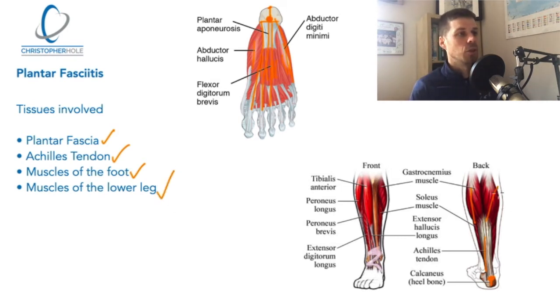The main culprits will be gastrocnemius here, and then soleus, which is below it. But there may well be residual tightness through the muscles of the front of the leg as well. So we have to not only look at the plantar fascia, but then work our way out from the joint below, which would be the toes, and then the joints above, which would be the muscles of the ankle and potentially muscles of the knee as well.